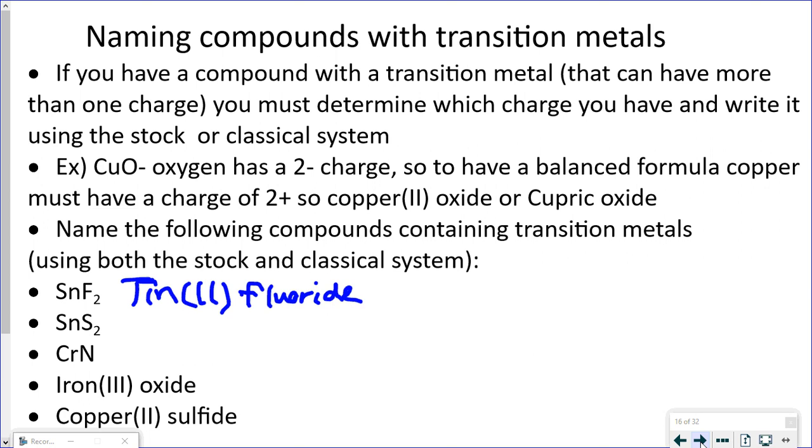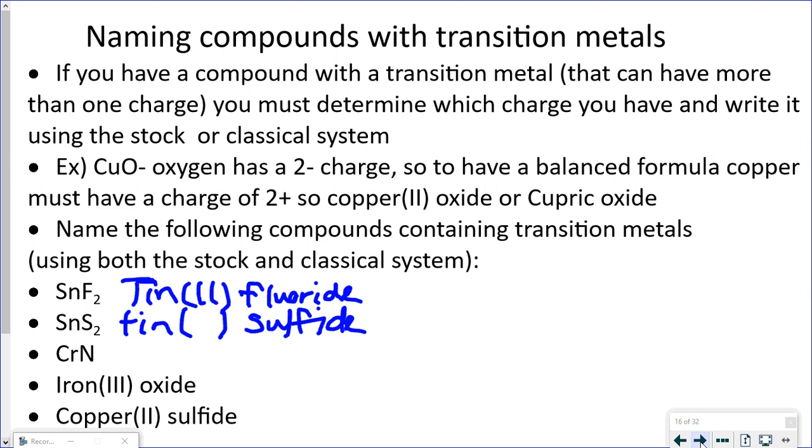Look at the next example, SnS2. So we already said that Sn is tin. It is a transition metal, so we need Roman numerals. We just don't know which Roman numerals at this point in time. And S is sulfide. So sulfide has a charge of -2, which means that tin should have a subscript of 2, but since it does not, that means that this was reduced.